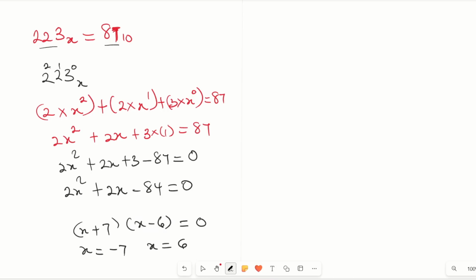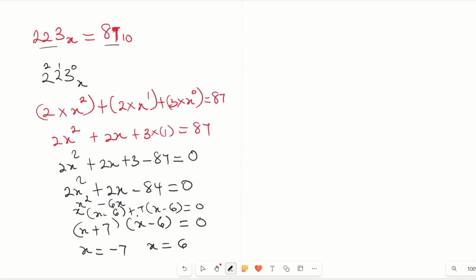Then we expand. We are going to have x multiplying x minus 6, then plus 7 multiplying x minus 6, and this is equal to 0. When we expand, x multiplying x gives us x squared. Then x multiplying negative 6 gives us minus 6x.